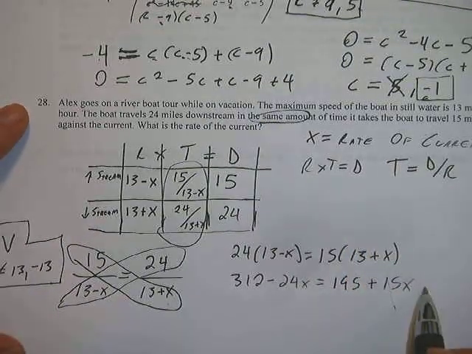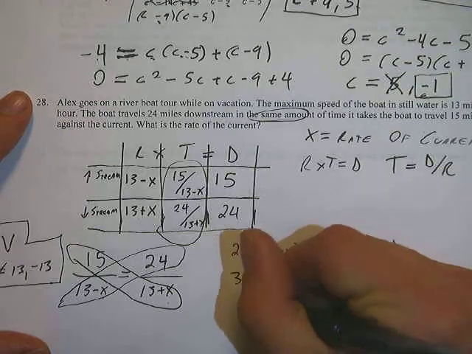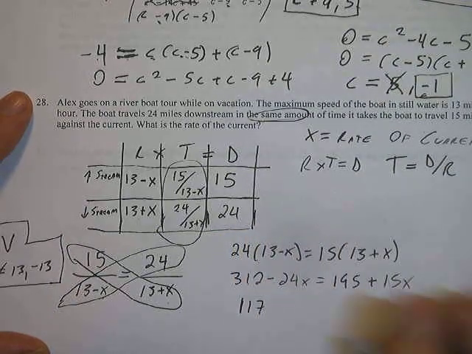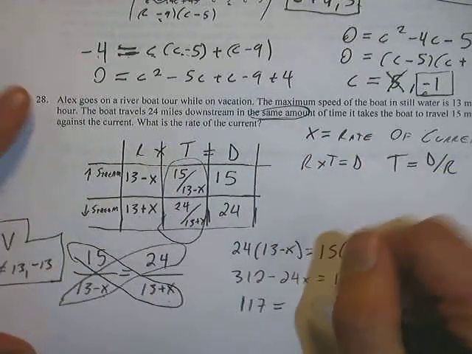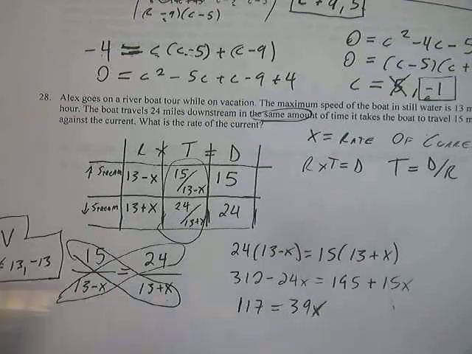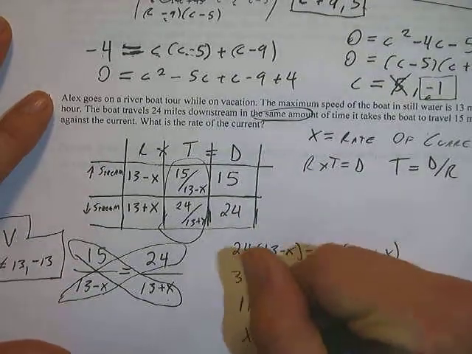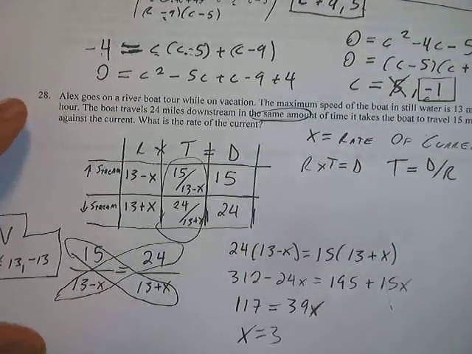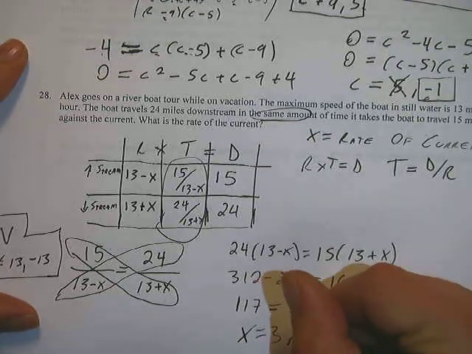And 24 times 13 is 312 minus 24x, and 15 times 13 is 195 plus 15x. I'm going to add the 24x to both sides and subtract the 195, so 312 minus 195 is 117, and 15 plus 24 is 39x.